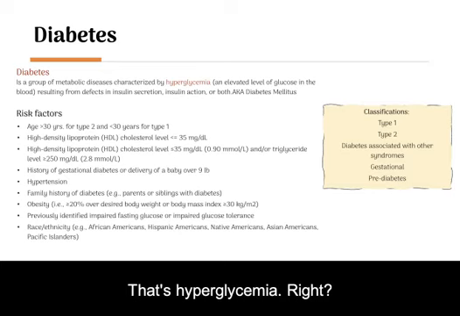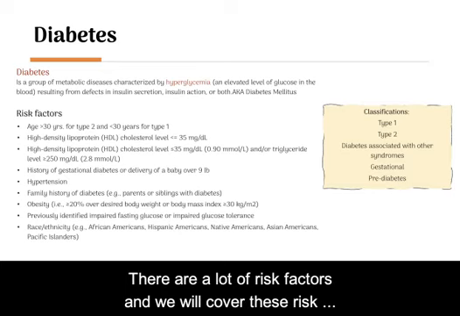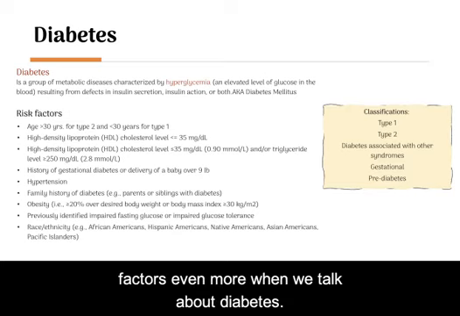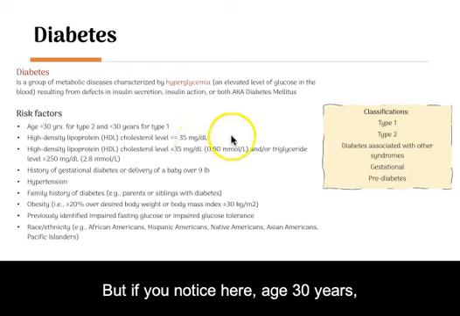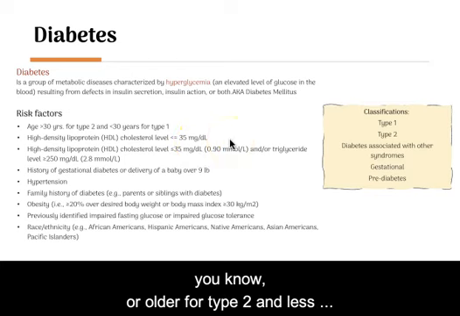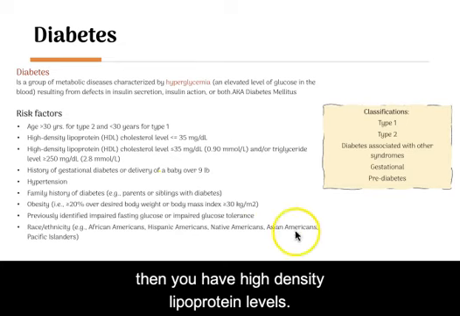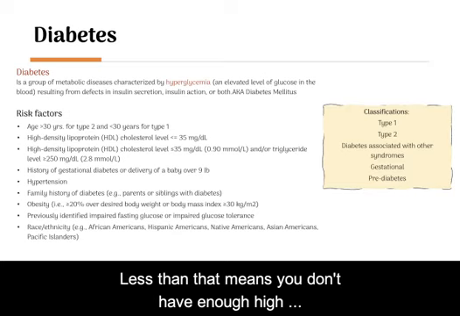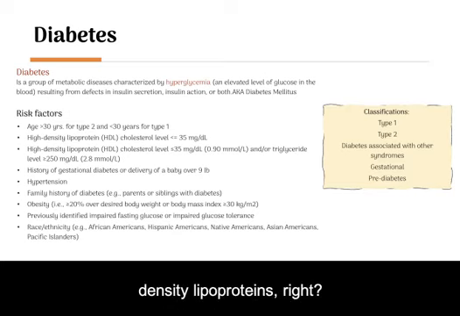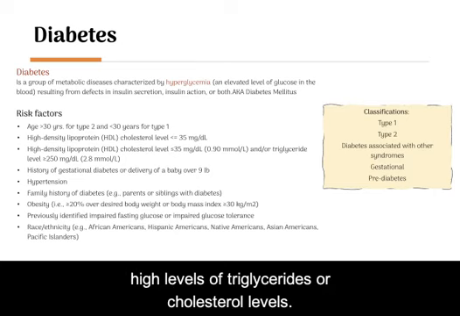So diabetes occurs when you have consistently high levels of glucose in your blood. That's hyperglycemia, right? There are a lot of risk factors, and we will cover these even more when we talk about diabetes. But if you notice here, age 30 years or older for type 2 and less than 30 years for type 1 diabetes. Then you have high density lipoprotein levels less than, that means you don't have enough high density lipoproteins, right? And then you have high levels of triglycerides or cholesterol levels.